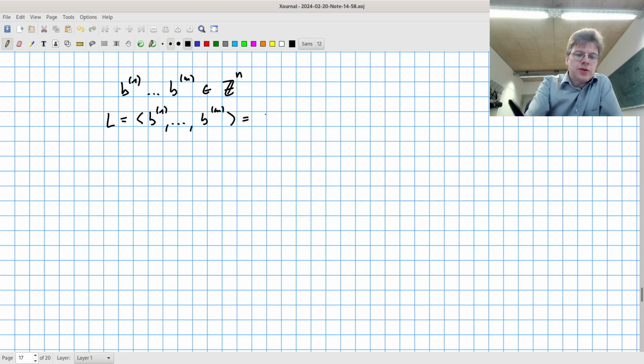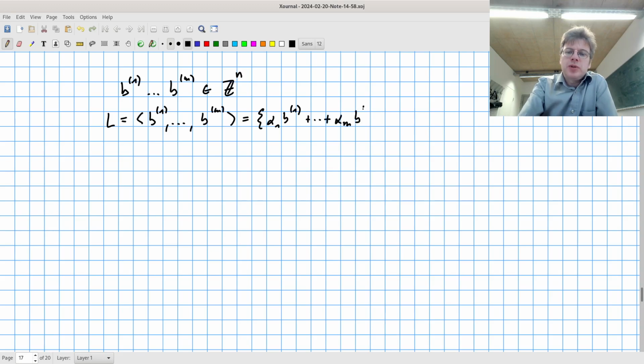which is a notation that is supposed to refer to the set of all linear combinations of the b's with integer coefficients. So all the alpha 1 b1 plus ... plus alpha m bm, where the alphas run through the integers.